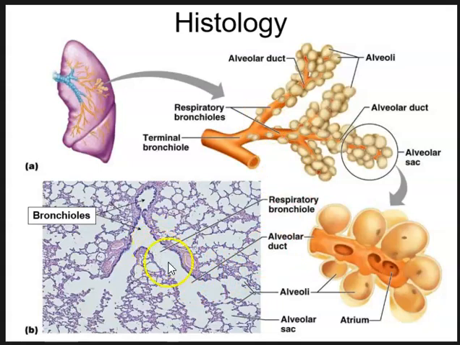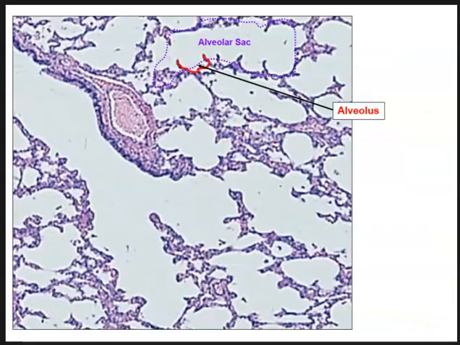This would be considered the respiratory bronchiole, which will then lead to an alveolar duct, and then we can see these little sacs of alveoli, which is the terminal portion of the alveolar duct. Okay, and then here we see individual alveoli.